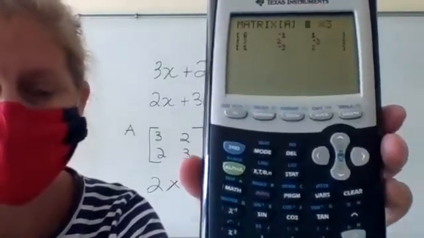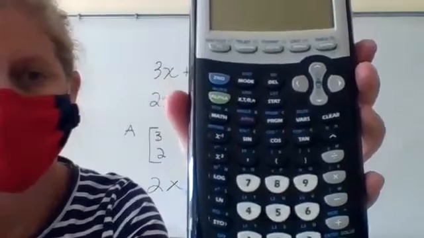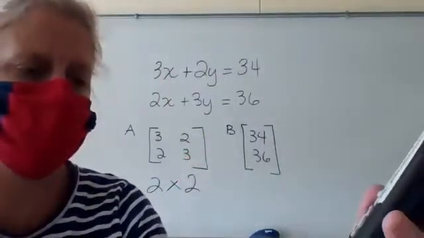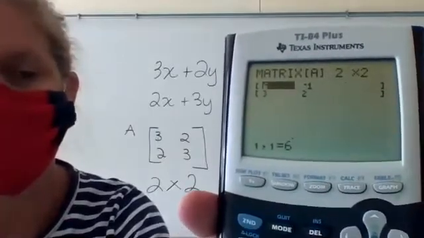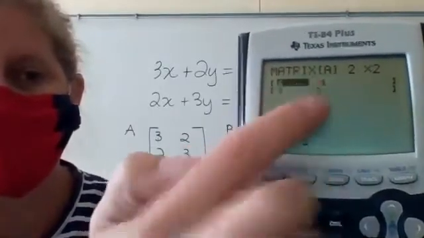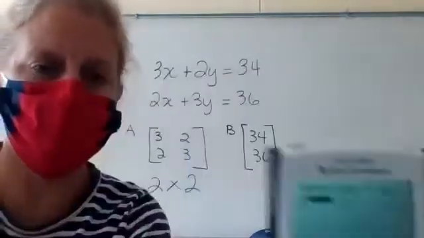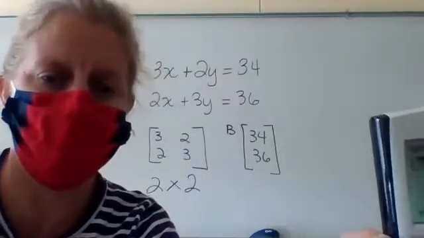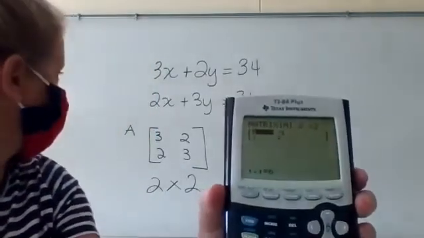So that's exactly what you're going to tell it. I'll just hit 2, enter, 2, enter. So look what it did. It made my matrix go down to just 2 by 2. Now you're going to enter the numbers 3, 2, 2, 3.